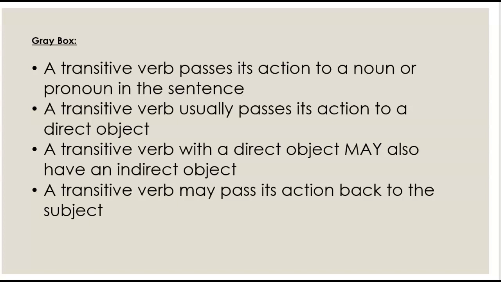A transitive verb passes its action to a noun or pronoun in the sentence. Now, I know that probably doesn't make much sense, but we're going to look at sentences in a minute. A transitive verb has something happening at the end of the sentence.